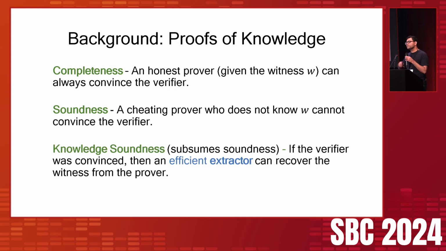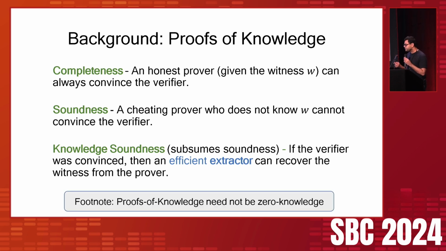And for proofs of knowledge in particular, you can think about a property called knowledge soundness, which subsumes the earlier soundness version, in the sense that if the verifier was convinced, then there is an efficient extractor that can extract the witness from the prover. This is the way knowledge is typically modeled in cryptography, through this extractor machine that can run on the prover and extract out the witness. And just as a sidebar, proofs of knowledge don't need to be zero knowledge, although they can be.